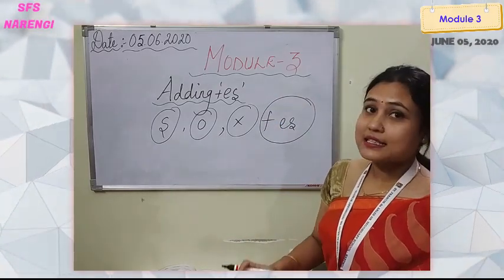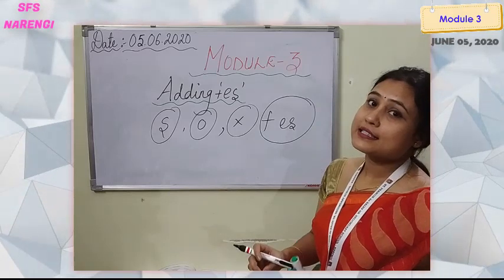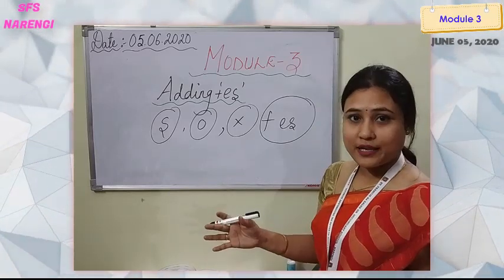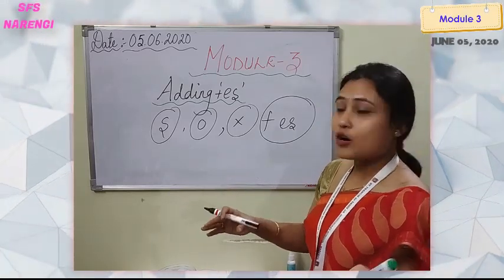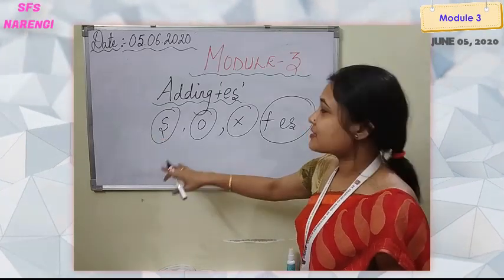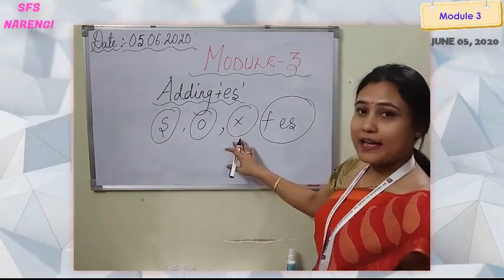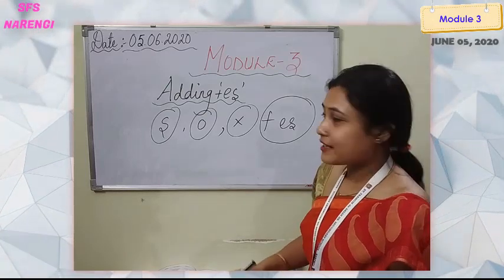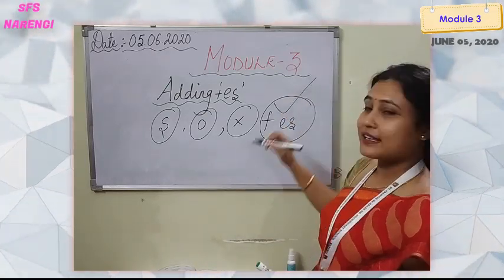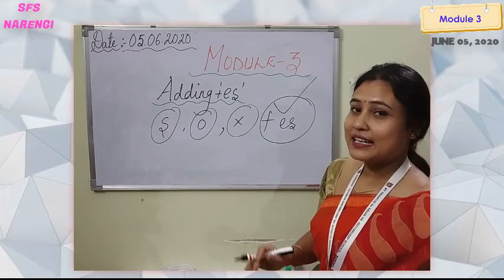Es. Let's see a few examples of how to make singular naming words that end with s, o, or x to plural by adding what? Es. Okay, let's see now.